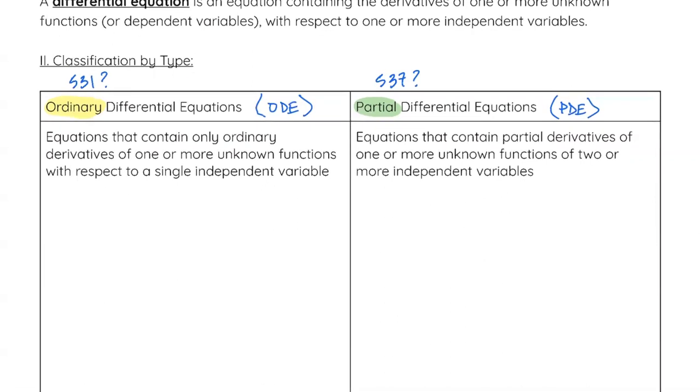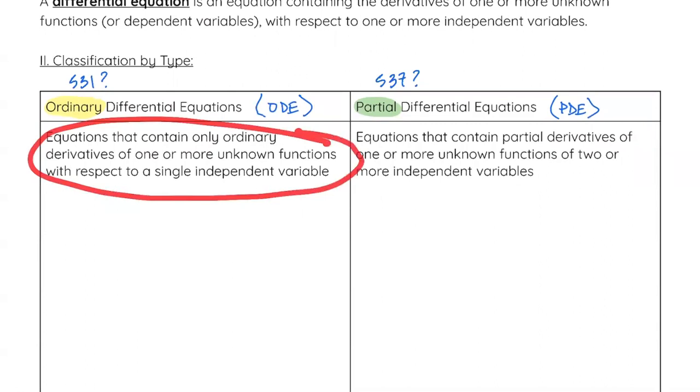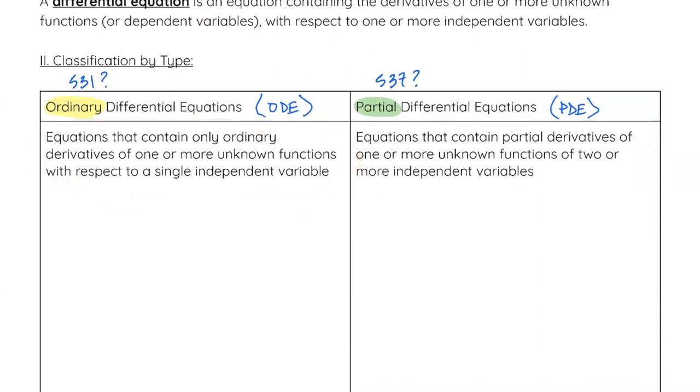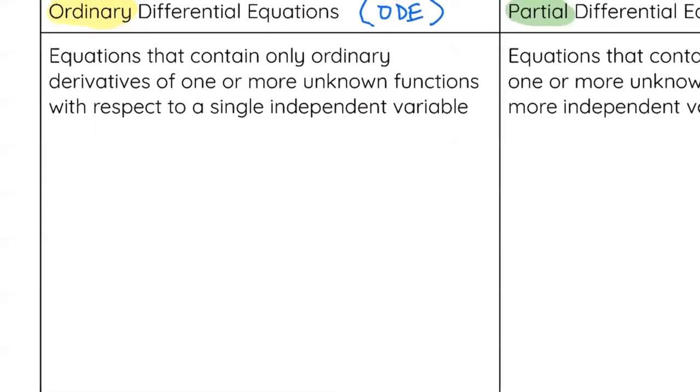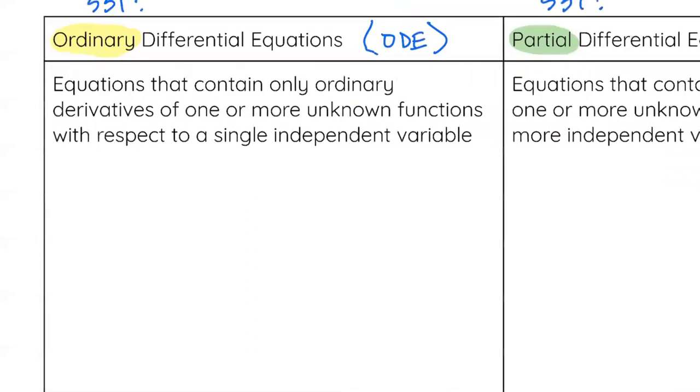An ODE is an equation that contains only ordinary derivatives of one or more unknown functions with respect to a single independent variable. And so here are a few examples of what that might look like, okay? So you might see something that looks like this: dy/dx plus 5y equals e to the x. That would be considered an ordinary differential equation, okay?